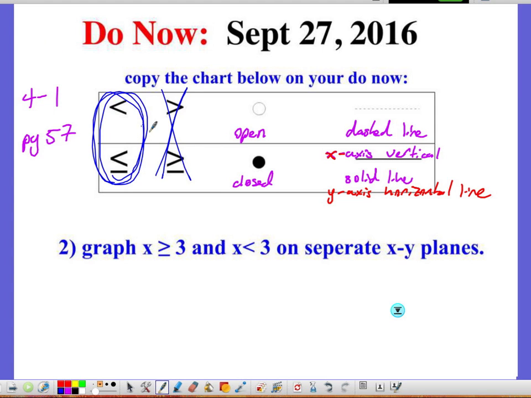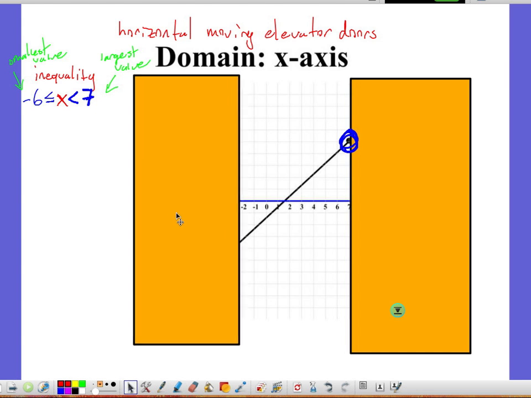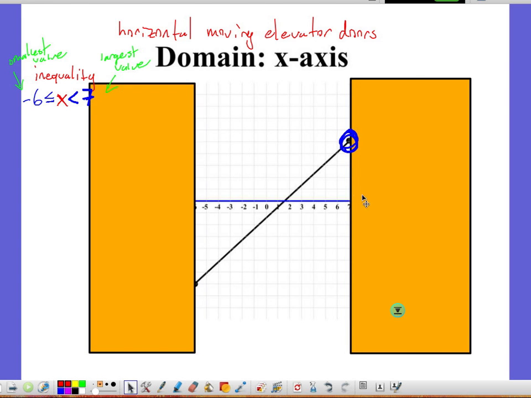Because I have an open circle, I'm going to use less than. Again, don't worry about greater than or equal to, because of the way our inequality is set up, where the smallest goes on the left and the largest goes on the right. So that means I'm going to use less than. Alright, there we go. That is the domain. We just found the domain.